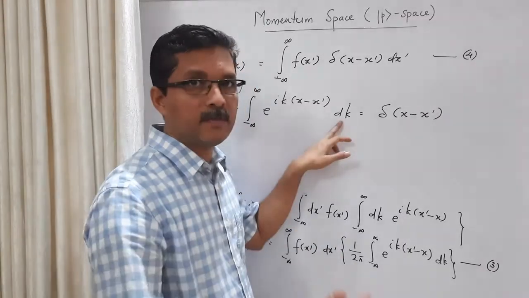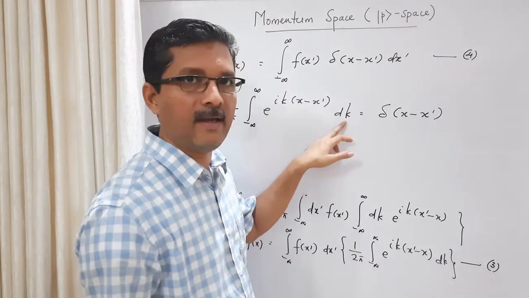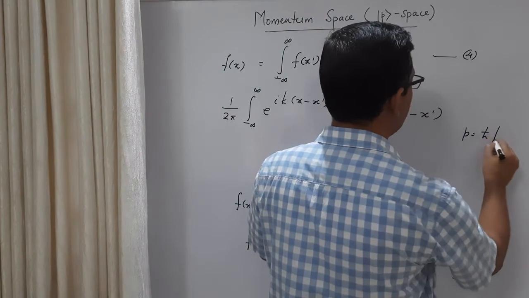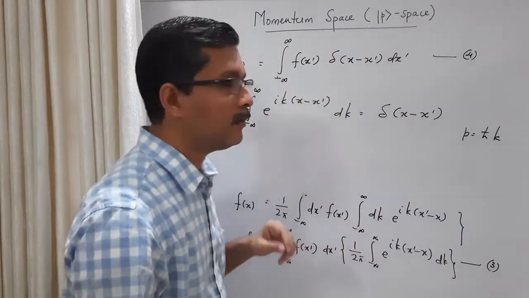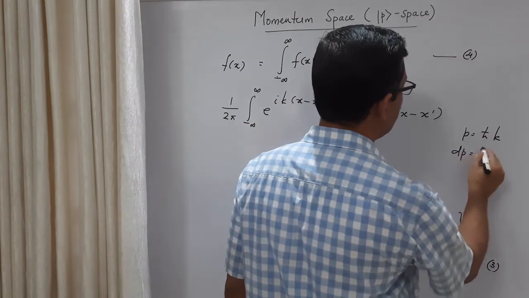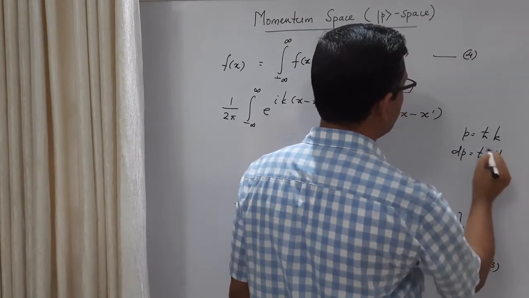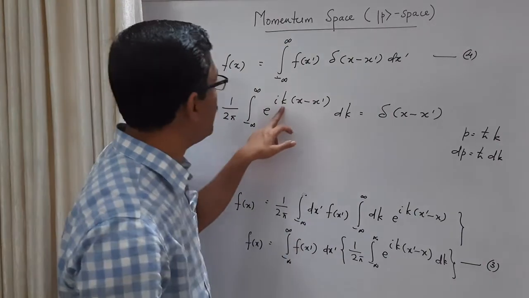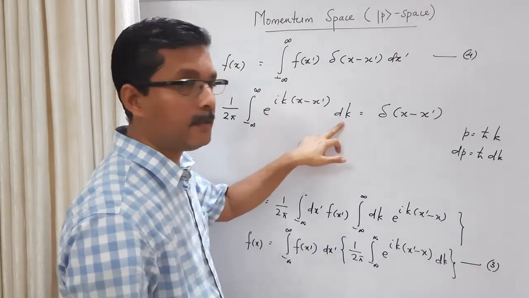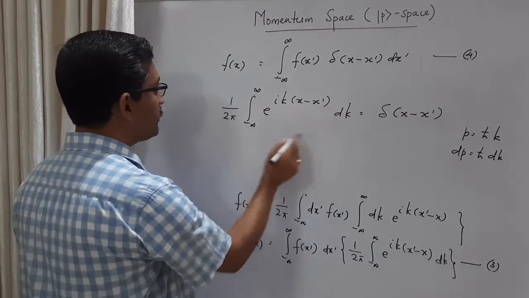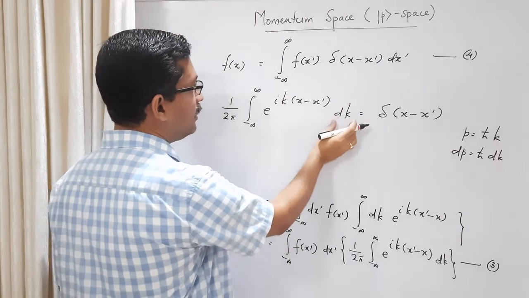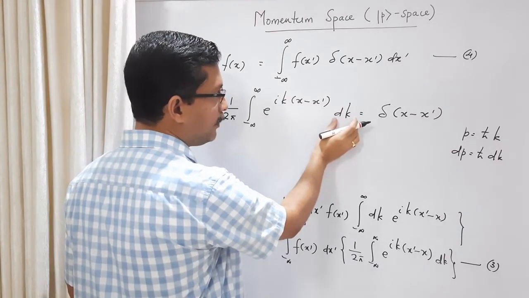But we know the connection between momentum variable and k, which is the wave number, that is p equals h cross k. Then if you take the differential on both sides, dp equals h cross dk. So we can substitute for k as p by h cross and dk as dp by h cross.